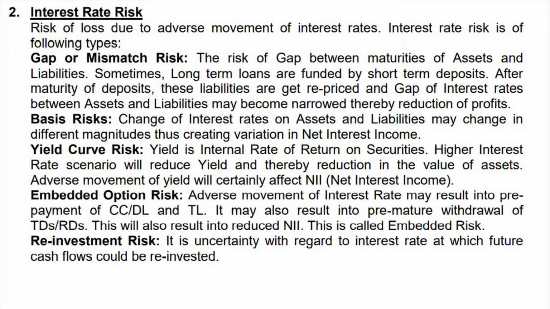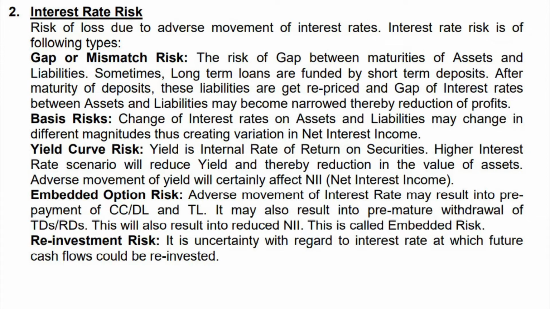Next one is interest rate risk. Interest rate risk is the risk of loss due to adverse movement of interest rates. That means if there is an adverse, or worst, movement of interest rates, it is called interest rate risk.